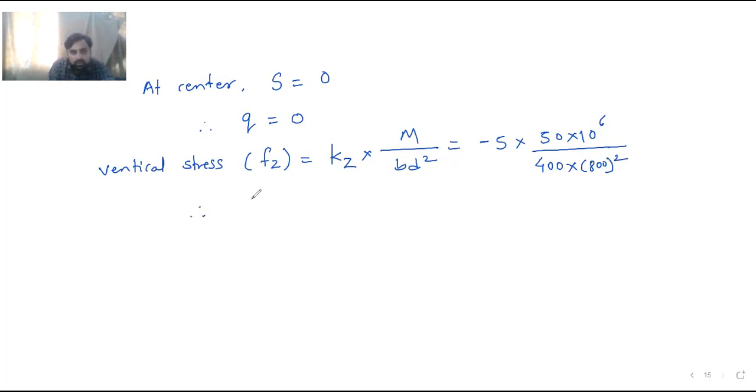So therefore, Fz is equal to, calculate it. Minus 0.97 Newton per mm square. Okay. So now further we calculate the principal stress.